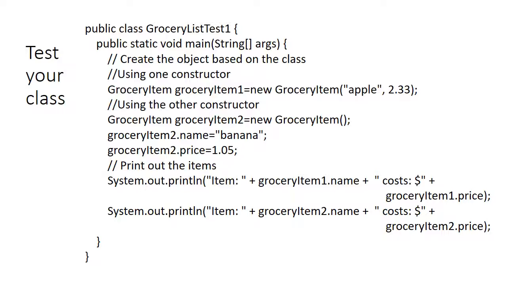Grocery items are 1 and grocery item 2. The second one, we separately set the actual item, which is banana, and we separately set the price. Now we have two simple print line statements which allow you to print out the actual cost of the item and prove that these items were created.